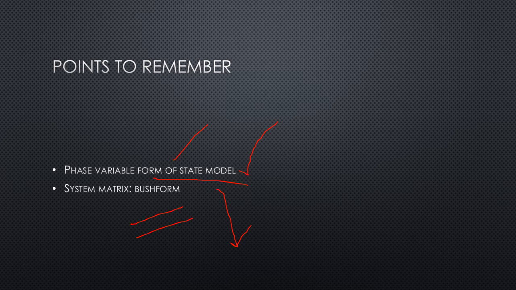A matrix is said to be in Bush form, also known as companion form, if it has all ones in the upper half diagonal, its last row consists of the negative coefficients of the differential equation, and all the remaining elements are zeros.